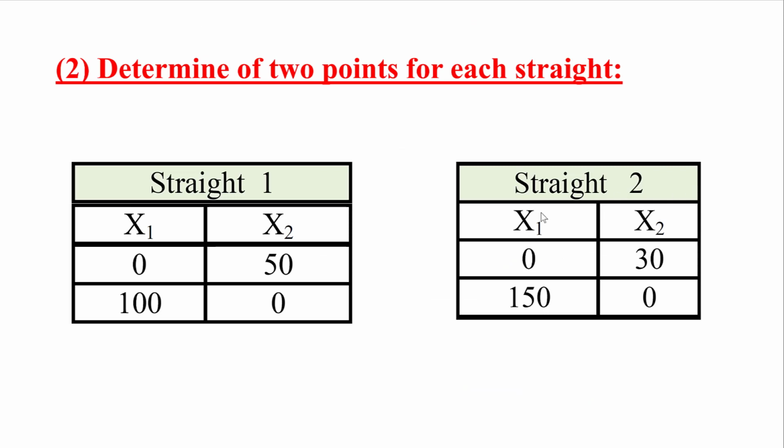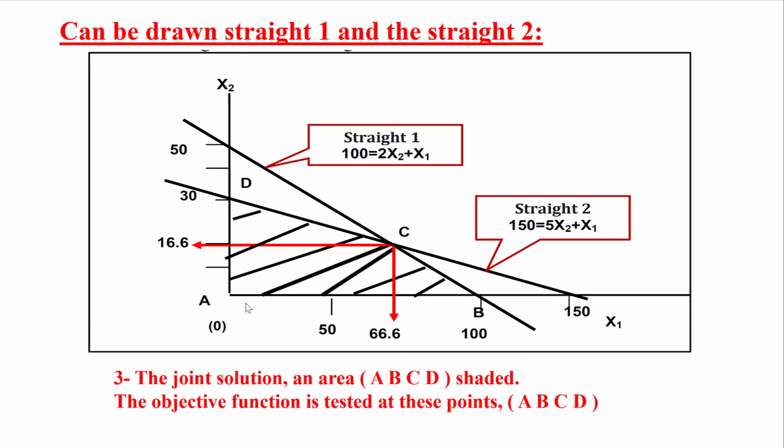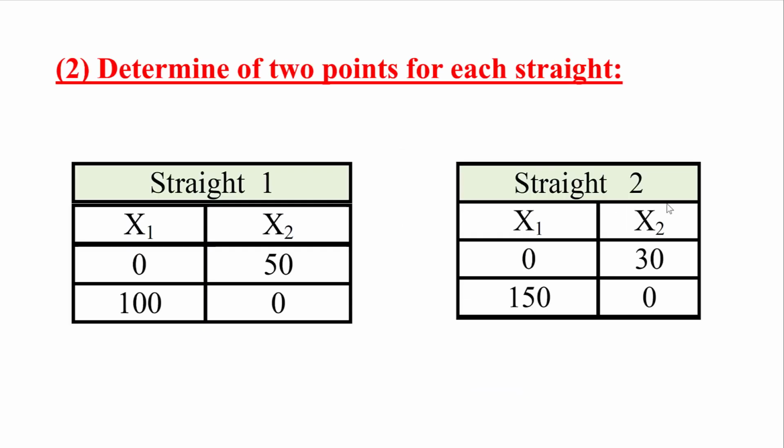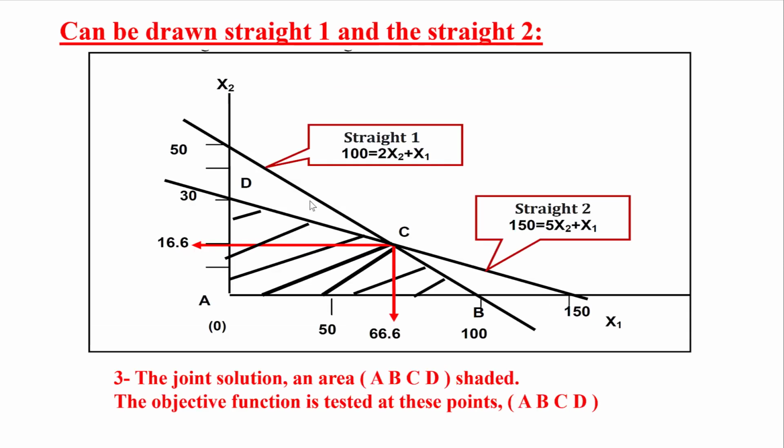When x1 equals 0, x2 equals 30, and when x2 equals 0, x1 equals 150. So we connect 30 and 150 in this shape.